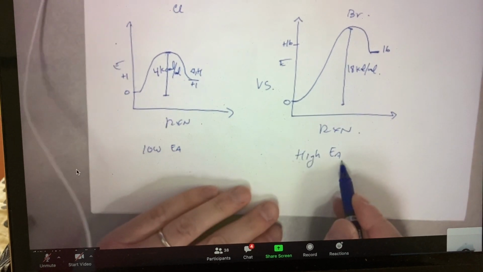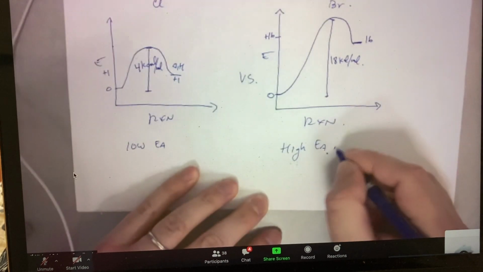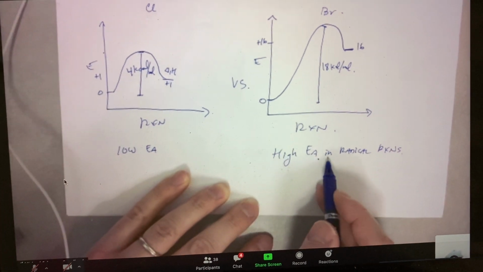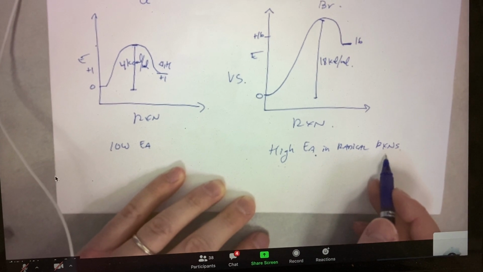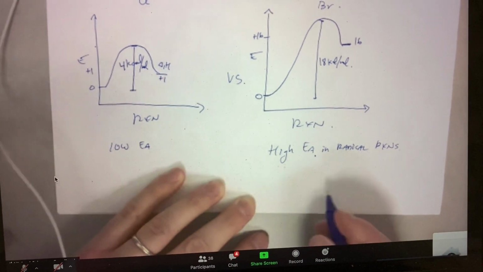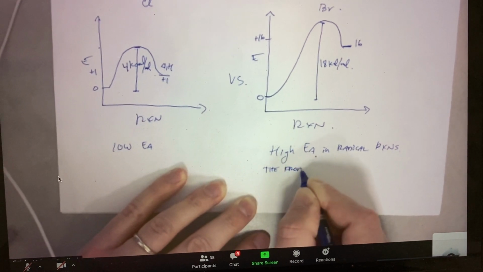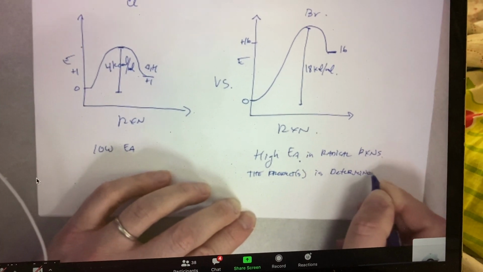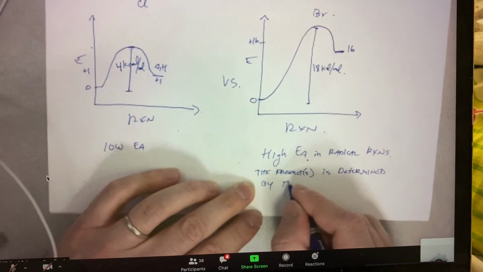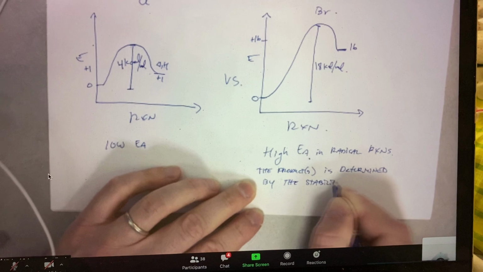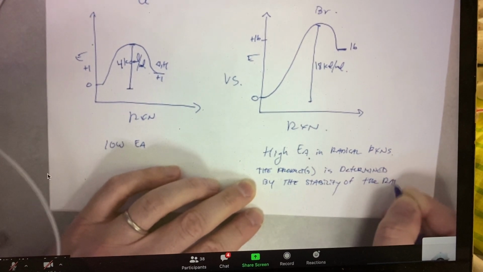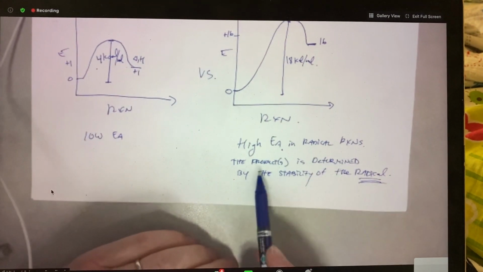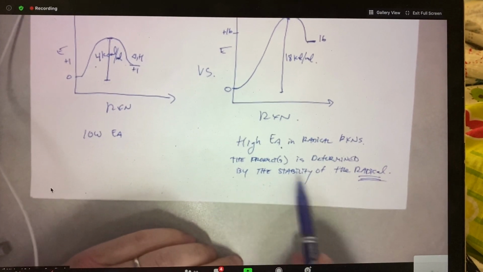When we have a high activation energy in radical reactions, the product or products is determined by the stability of the radical.